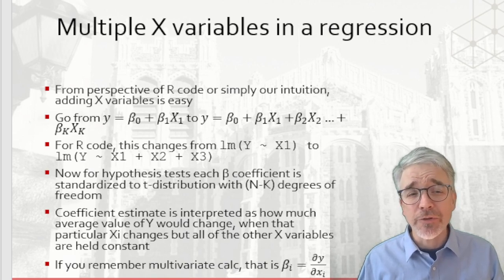In multiple regressions, we still interpret the coefficients on the x variables as the slope, but it's how much the average value of y would change when that one particular x variable changes, but all the others are held constant. If you remember multivariate calculus, that's just saying the coefficient estimates are the partial derivatives. Beta estimate is partial y, partial xi.